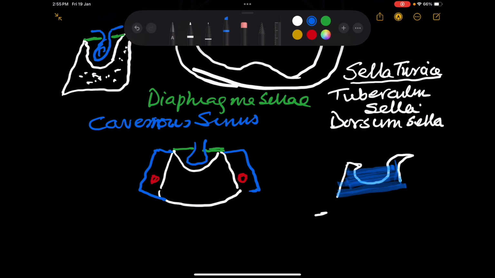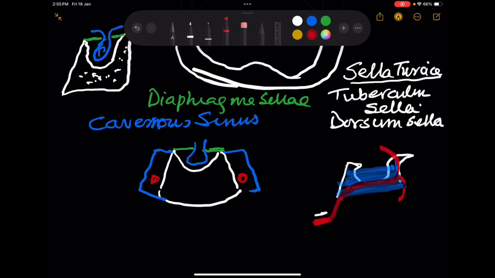So the internal carotid artery, lying in the carotid canal outside the skull, enters through the foramen lacerum, enters the cavernous sinus, and becomes the anterior cerebral and the middle cerebral artery.